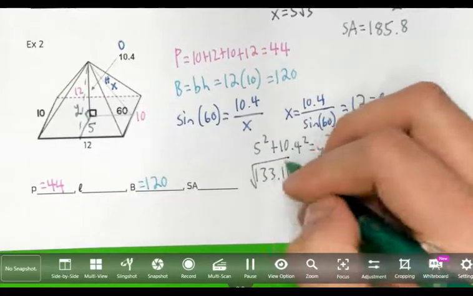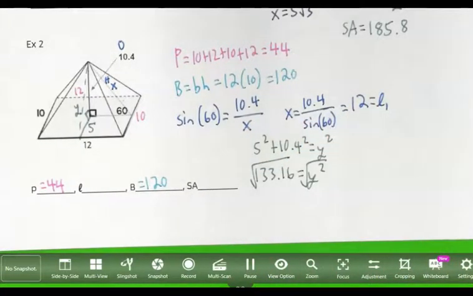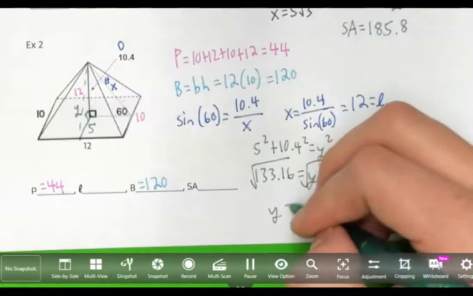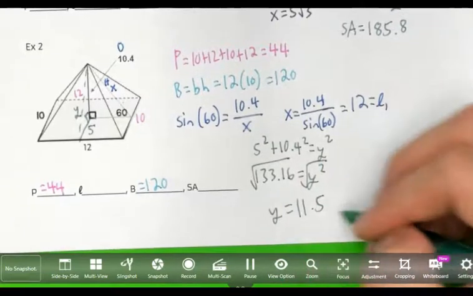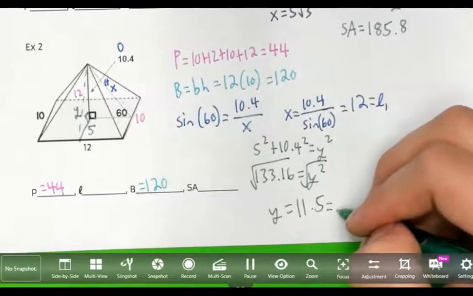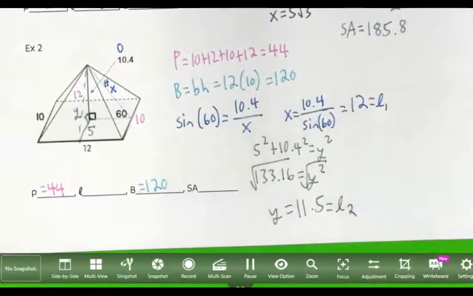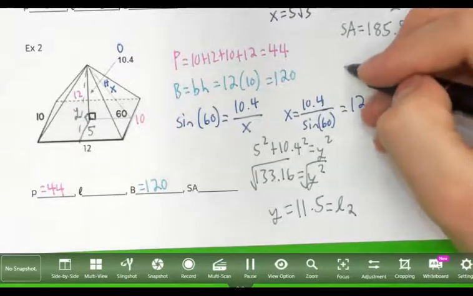Then we can square root both sides, and putting in the square root of 133.16 will yield approximately 11.5. And like I said, we are going to call this L2 to indicate the second slant height. So now we have our two slant heights. So whenever you have a rectangle, you need to solve for two slant heights, and then we are going to use one final formula. I'm going to write it up here.